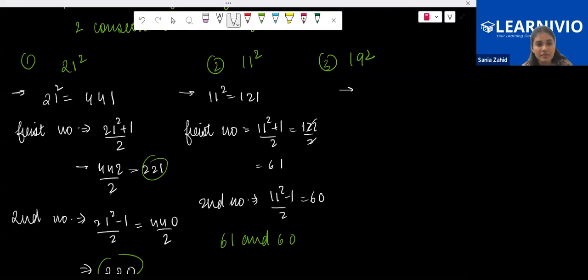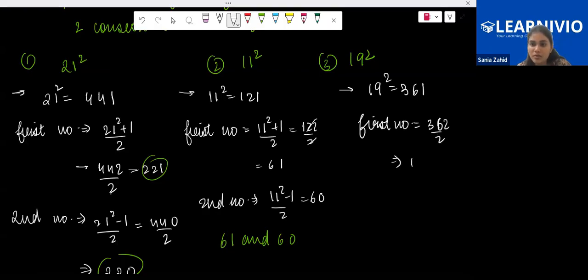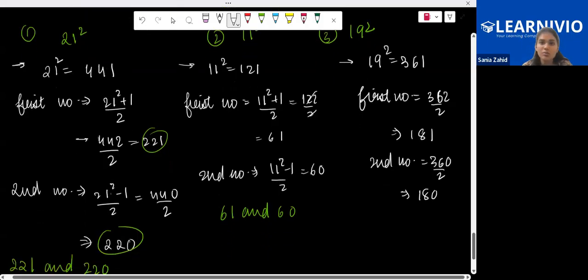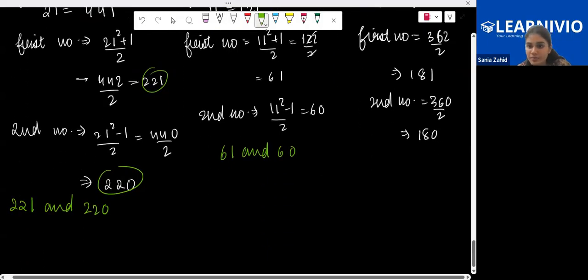Ma'am, 19 square is 361. Okay. So (361 plus 1) by 2, first of all, 362 by 2, so it becomes 181. And the second number, (361 minus 1) by 2, becomes 360 by 2, 180. The numbers are 181 and 180.